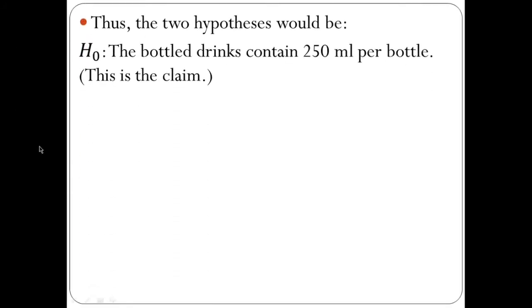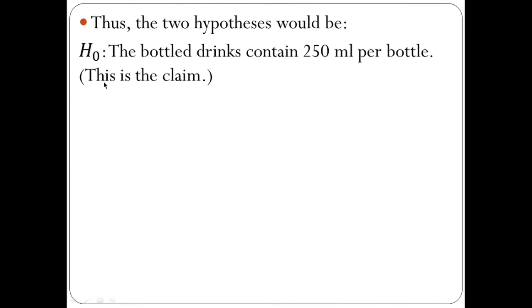Okay, so thus the two hypotheses would be, ito na po yung dalawang hypothesis na gagawin natin. So H sub 0 stands for null hypothesis. The bottle drinks contain 250 ml per bottle. Okay, so ito na po yung claim or ito yung sinasabi ng owner na kada bottle it contains 250 ml.